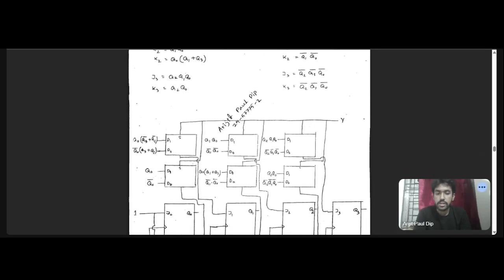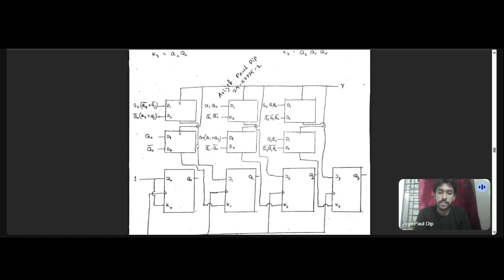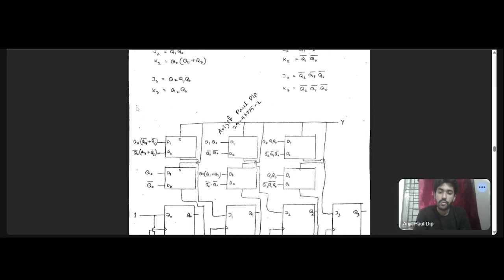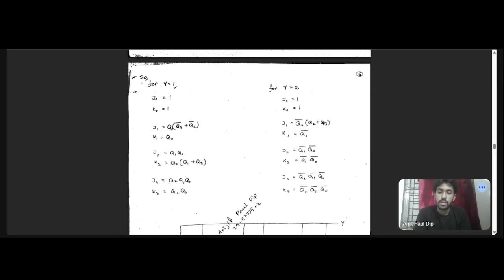Then what we did is we took 6 multiplexers, and as the selection pin we passed Y, and in the inputs we gave two values, J0 for y equals to 1 and J0 for y equals to 0.